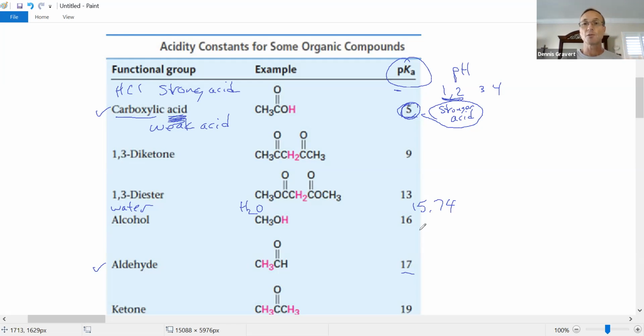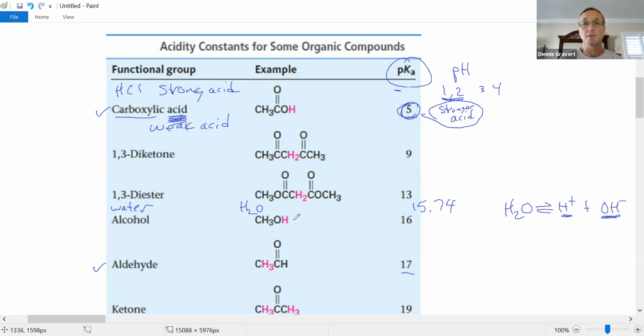If you have pure water, there's an equilibrium water can do to create the hydrogen ion and hydroxide ion. And it turns out in water, this is your strongest base and that's your strongest acid that's possible. And so if you have other functional groups that have larger pKa's, generally they're not acids in water.